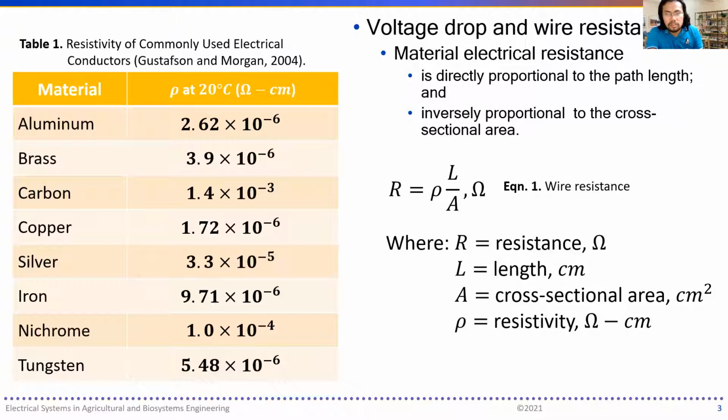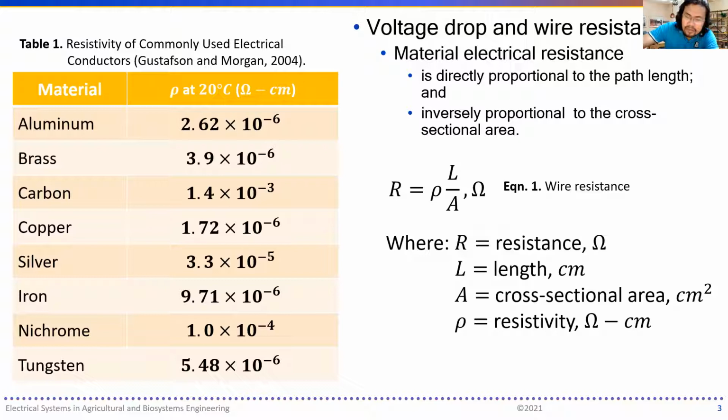This is shown as equation number 1, where you have the length in centimeters and the resistivity. This is the proportionality concept, and it's in ohm-centimeters, and the cross-sectional area is in centimeters squared.